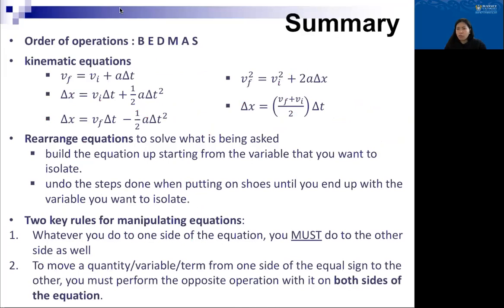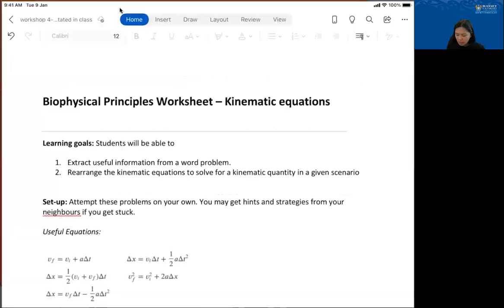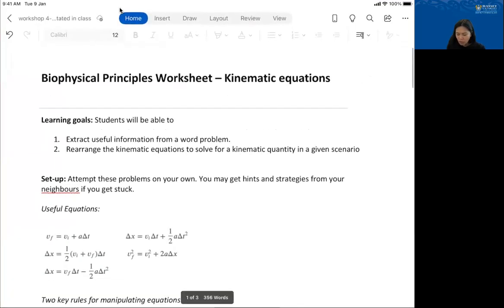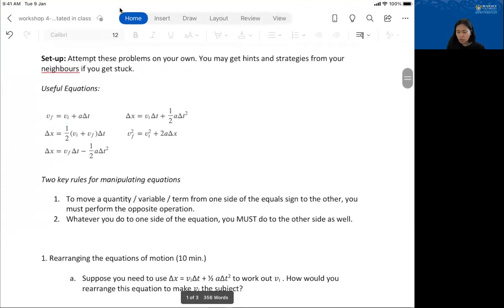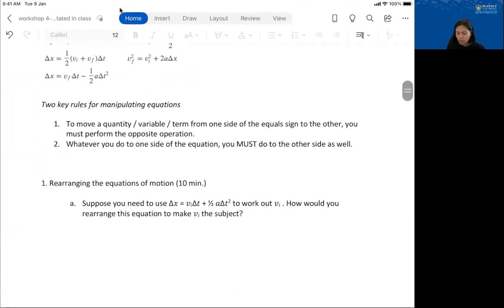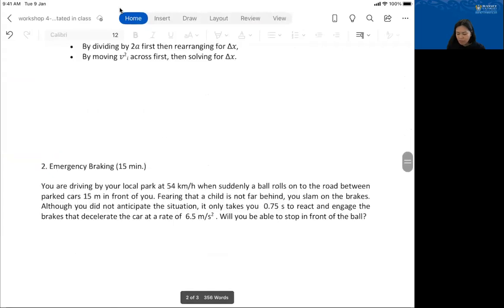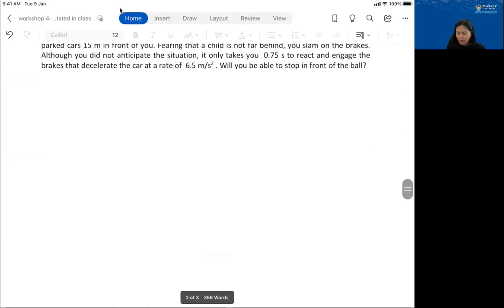We can jump right immediately to the workshop, and we'll do the same thing as well. I'll give you some time to look at the workshop worksheet. It's already on stream. If you don't have a copy of it, you can download that, but it's this one, Kinematic Equations. It's this workshop here, rearranging equations and then some worded problems.